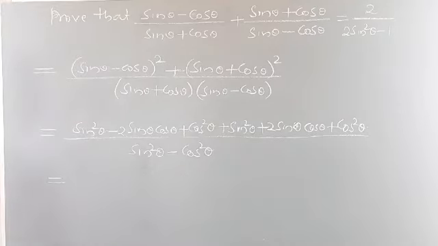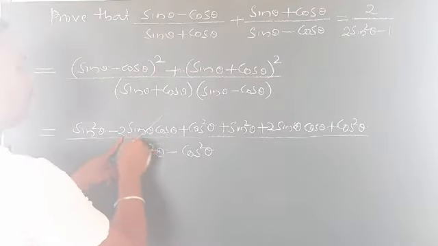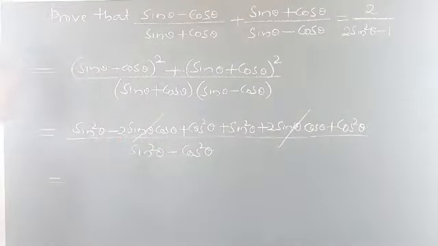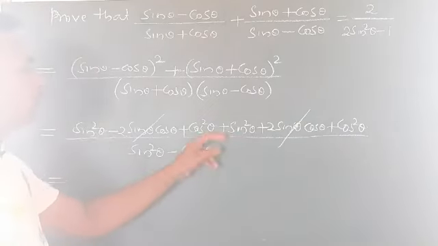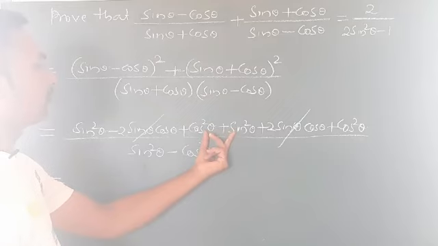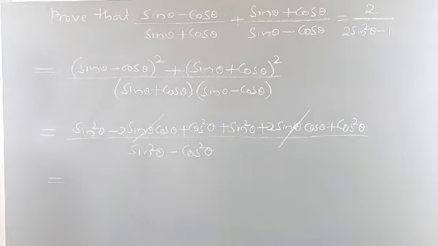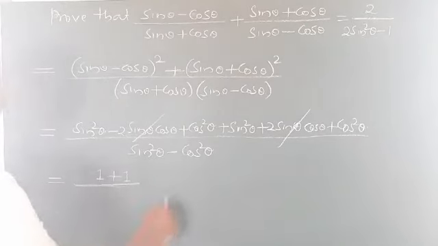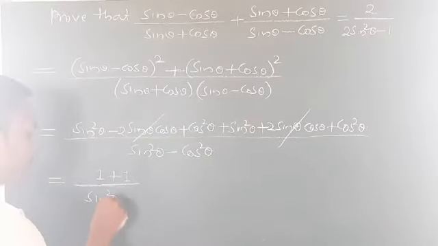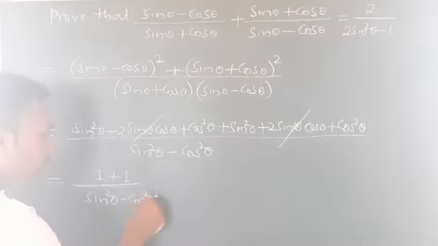Now next step, we have 2 sin theta into cos theta, this one quantity and this plus quantity get cancelled here. Remaining we have sin square theta plus cos square theta, which is 1, and again here cos square plus sin square is 1. So we have 1 plus 1 by the denominator quantity sin square theta minus cos square theta.